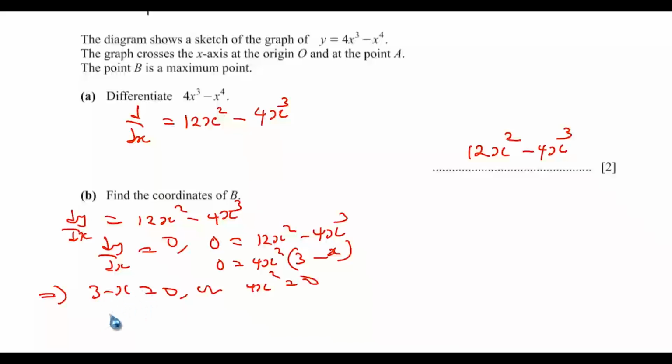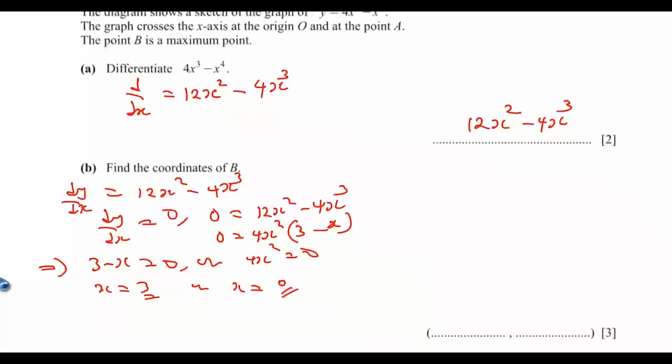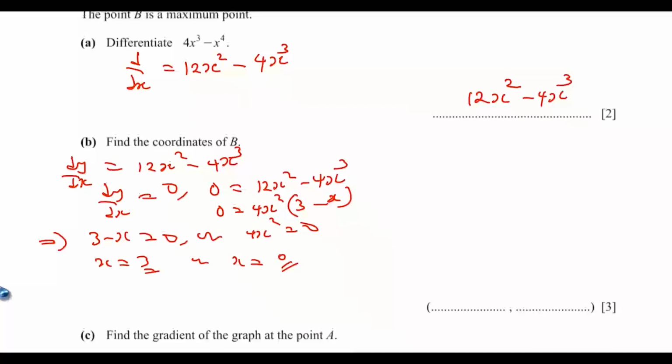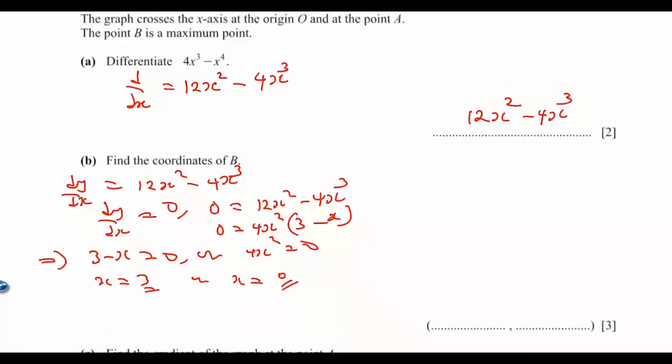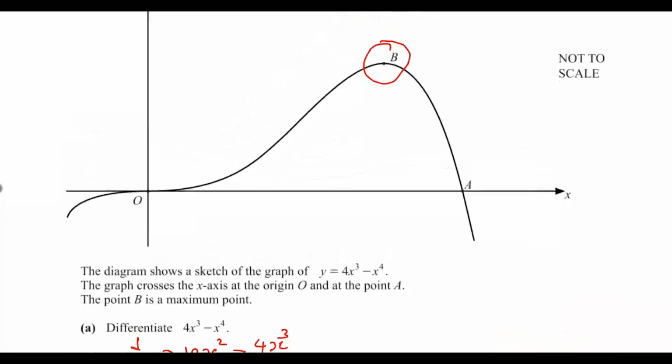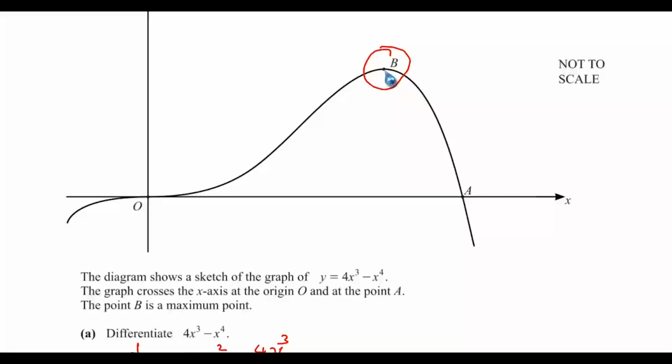So this implies that x equals 3, or x equals 0. So 0 is a repeated root. So we have 3 solutions: 0, 0, and 3. If you come back here, this point here should be 3.